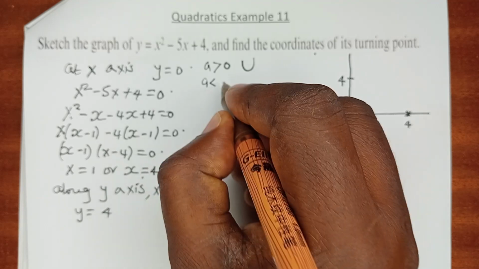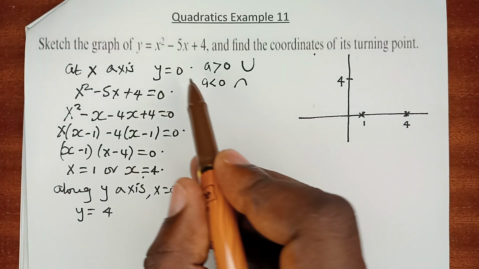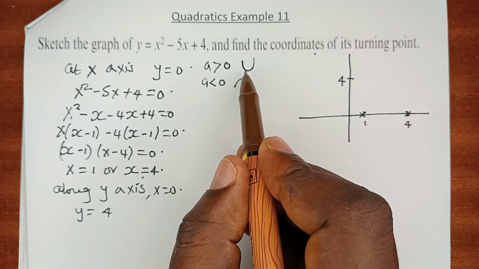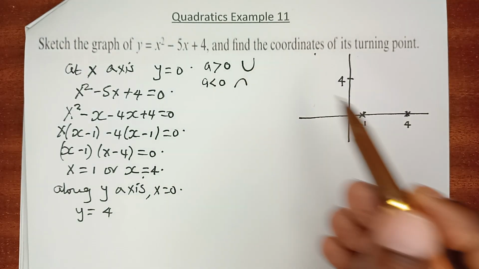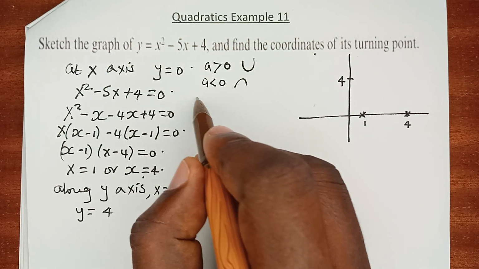When a is less than 0, then we have an N-shaped curve. Because our a is 1, greater than 0, we have a U-shaped curve.